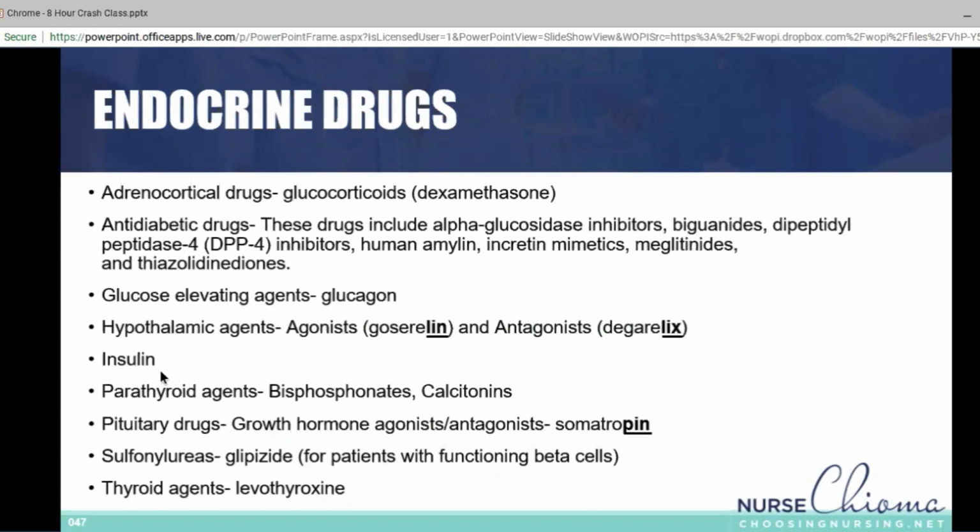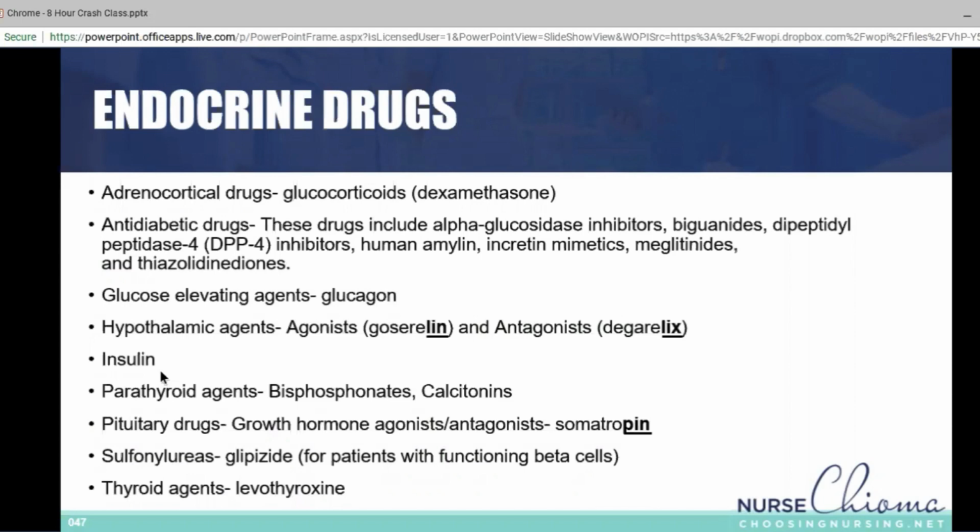So, for example, with Synthroid, we usually give it early in the morning. I remember I used to give it at 6 a.m. to all my patients. The reason why is because the side effect is that it can cause insomnia, so we try to give it early in the morning to minimize that side effect.